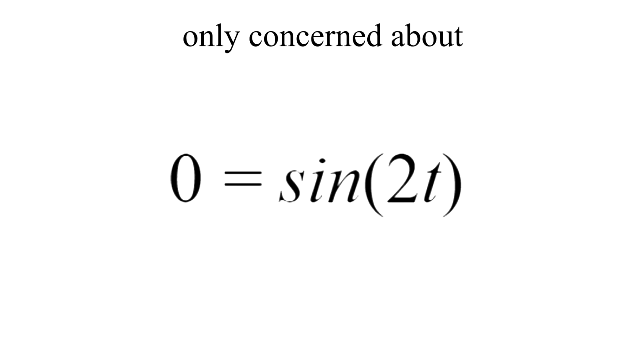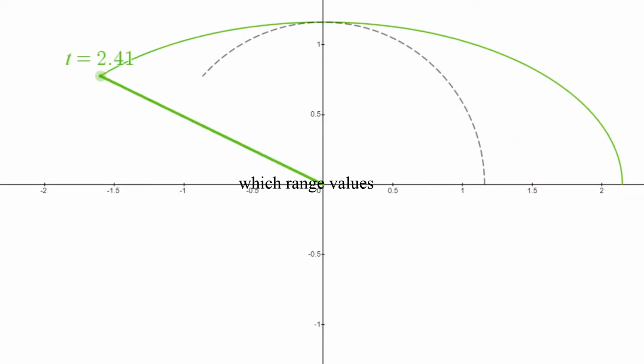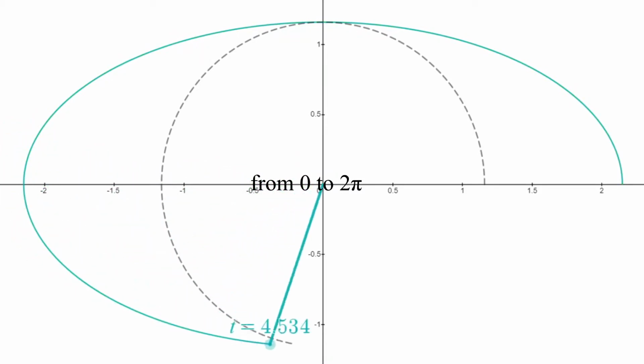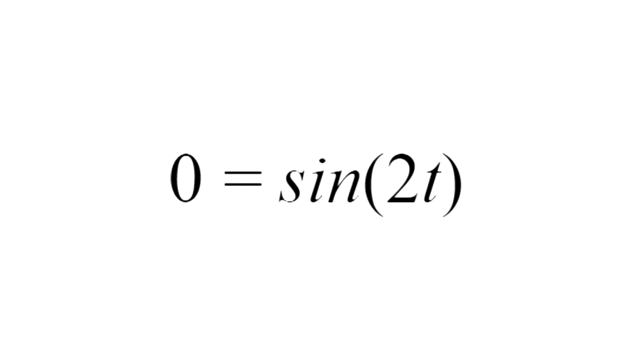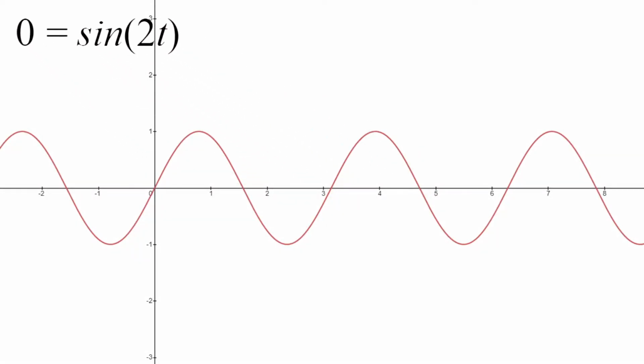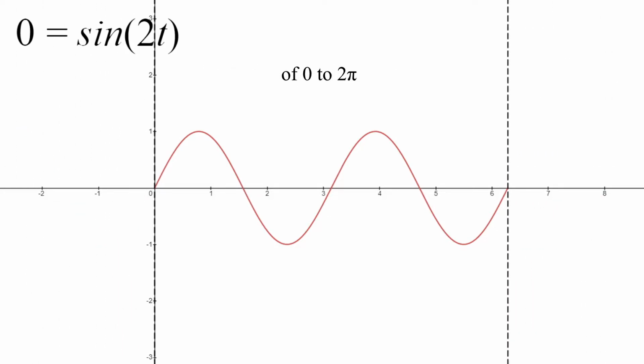However, we're only concerned about solutions of one revolution of an ellipse, which range values from 0 to 2 pi. What that means, in the context of this equation, is that we draw sine 2t and find when this wave hits 0, but strictly in the domain of 0 to 2 pi.